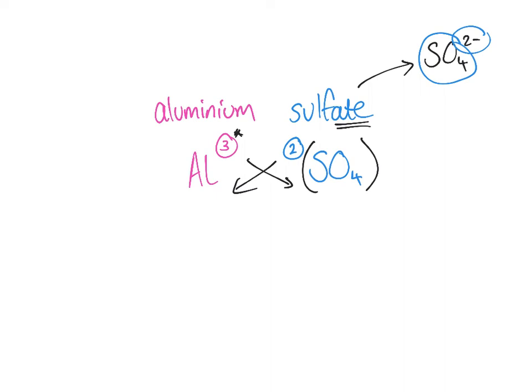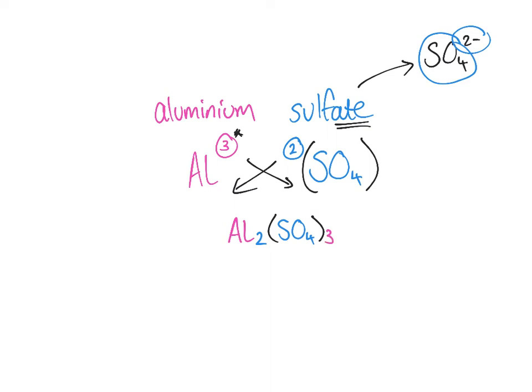So the S, the O and the 4 all need to be inside the brackets. And how would you write your final formula? Well, we write it down Al2, then open up your brackets, but keep it close, remember, SO4, close your brackets, and then the little 3 that is swapped down from the aluminium.